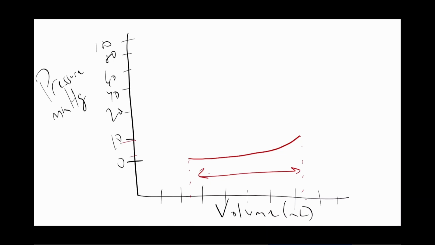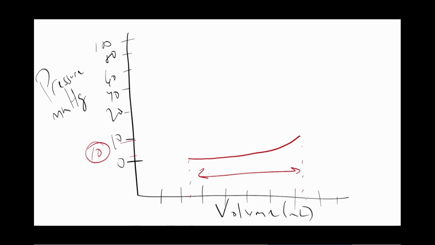This big addition of volume of blood only produced a 10 millimeter mercury change. So we're able to hold on to like 70 mLs of blood in the heart with very, very little change in pressure. That is the compliance line.